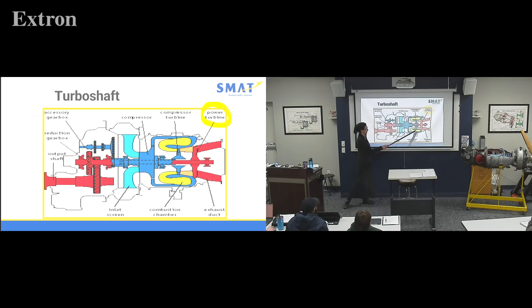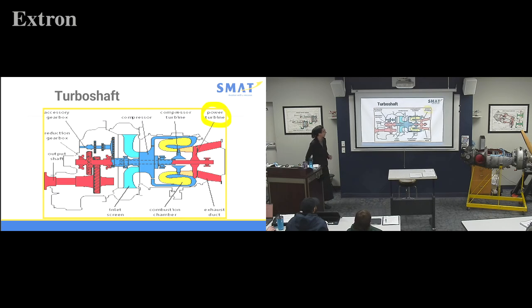This one has some reverse flow in the burner combustion section, but still going out, powering our turbine, which, now this is cool, this shaft will run through the compressor shaft, giving power to whatever, if we're going to a helicopter rotor, whatever that runs for.